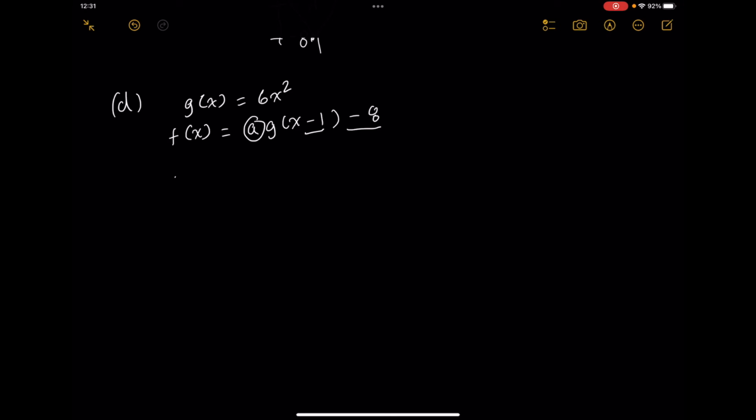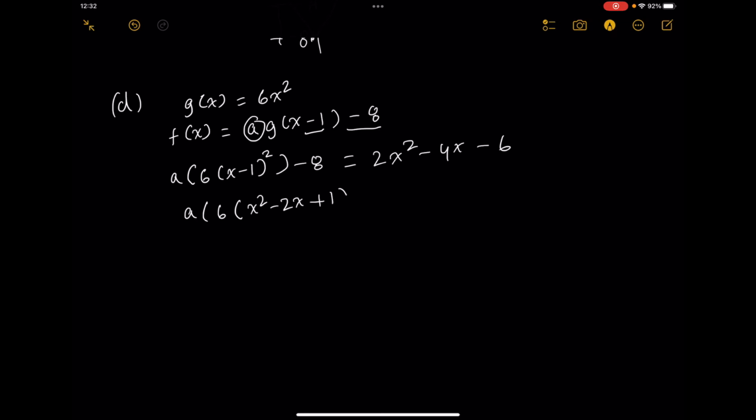So we can also equate this to a into 6 (x minus 1) whole squared minus 8, since 6x squared becomes 6 (x minus 1) squared, and this has to be equal to 2x squared minus 4x minus 6. If we further simplify this, we get a into 6 into (x squared minus 2x plus 1) minus 8 is equal to 2x squared minus 4x minus 6.